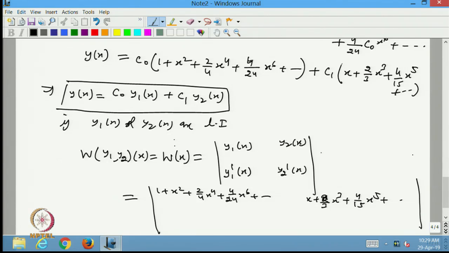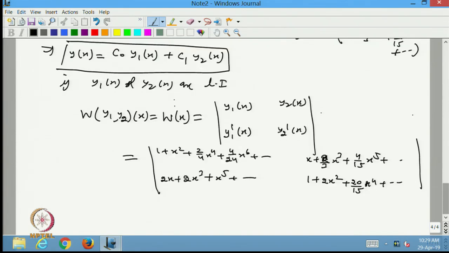Then I am taking the derivative of this one. So, this will be 2x plus, 4 will cancel out, it will be 2x cube plus, 6 will cancel out, it will be x 5 and so on, and this will be 1 plus, 3 will cancel out, it will be 2x square, 5 will cancel out, it will be 20 by 15 x power 4 and so on.